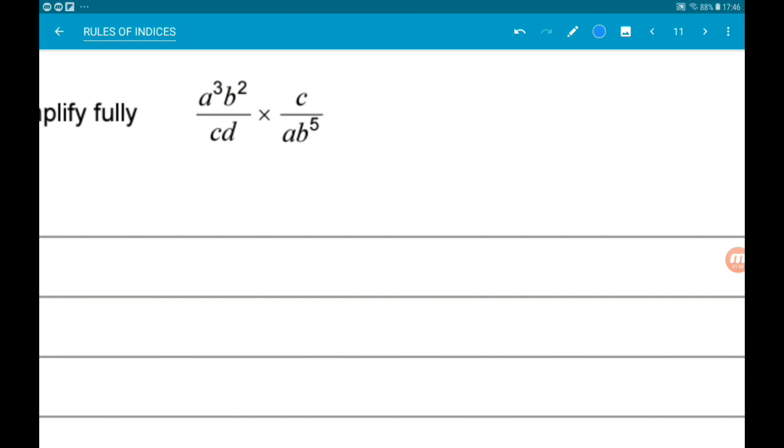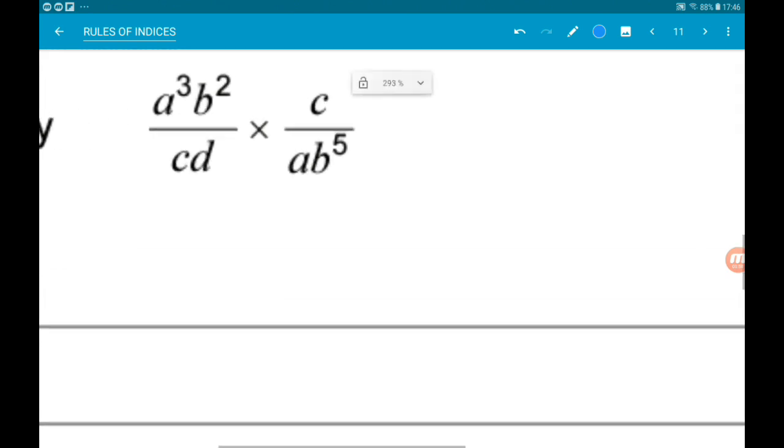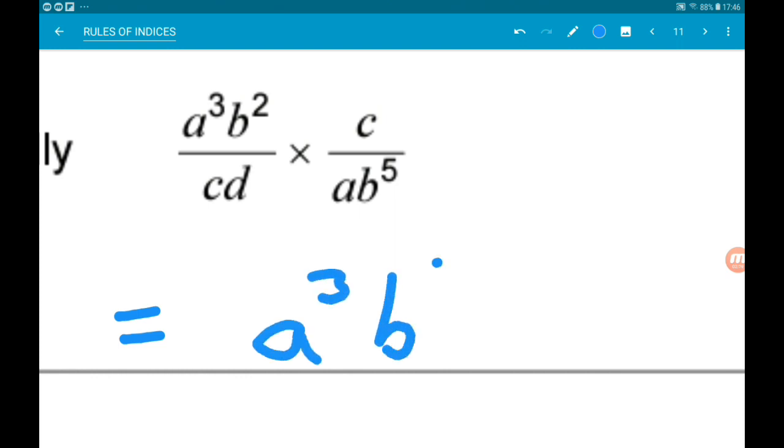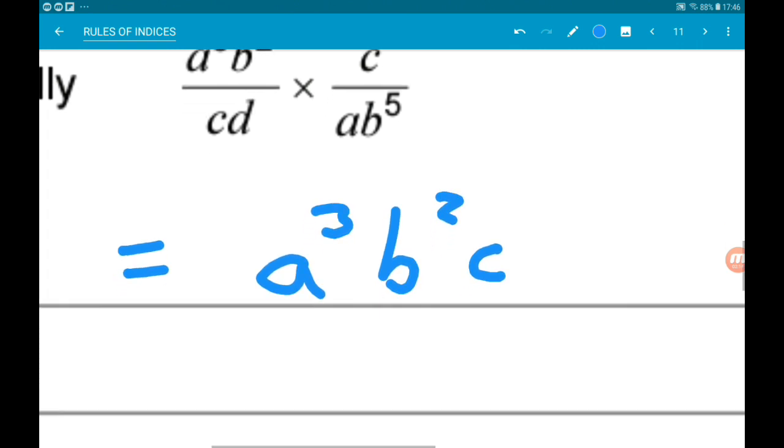So up on top we are going to have a cubed b squared c, so that's the top, and on the bottom we are doing cd times a b to the power 5.